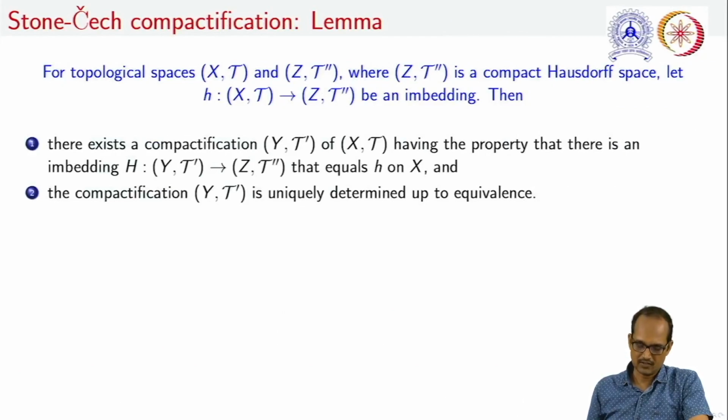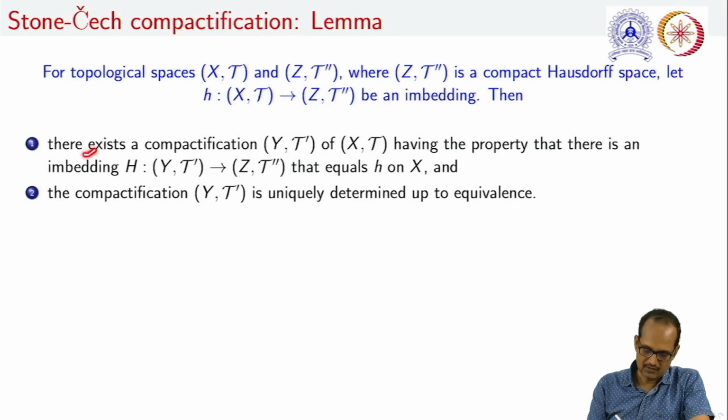What this lemma states is that for a topological space (X, tau), and let us take Z with topology tau double dash on it, where this space is a compact Hausdorff space, and also let us take an embedding s from the topological space (X, tau) to this topological space (Z, tau double dash). Note that again this is a compact Hausdorff space.